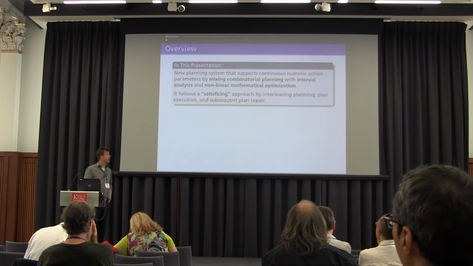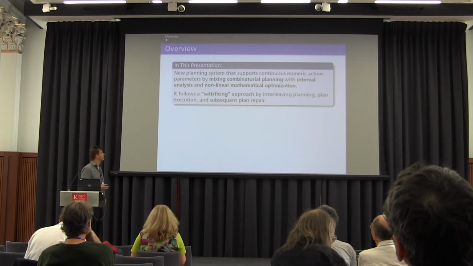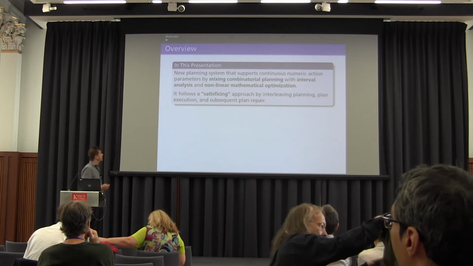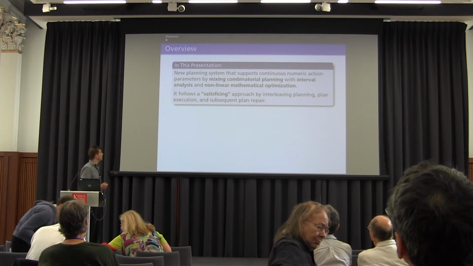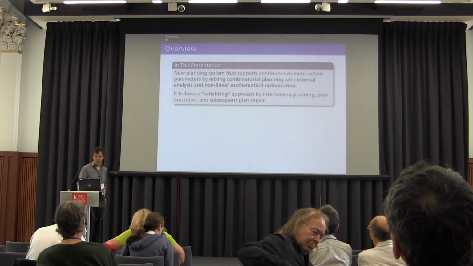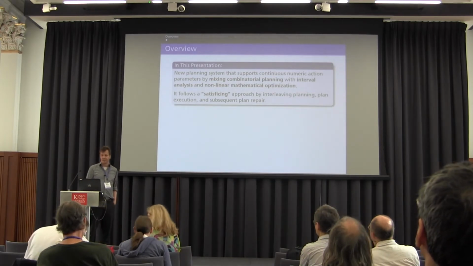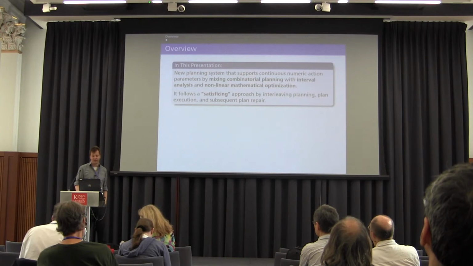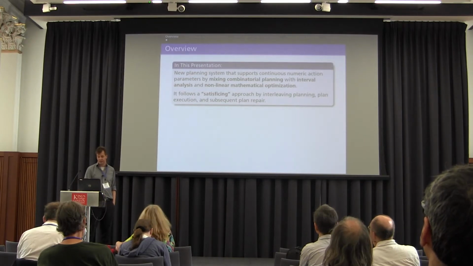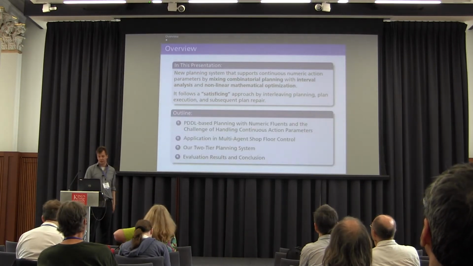We have a new planning system that I will present to you. It does many different things, and we will look at combining planning, interval analysis, and non-linear mathematical optimization. So we are not doing optimal at all.